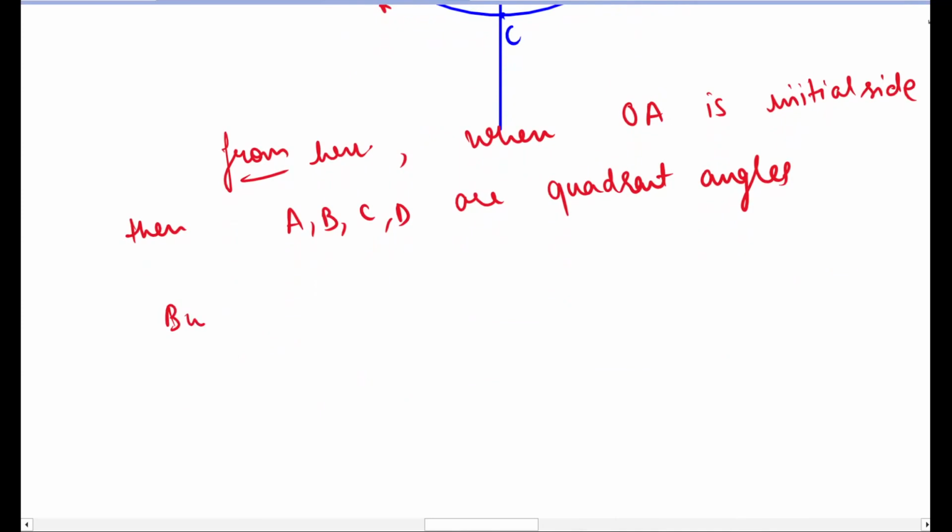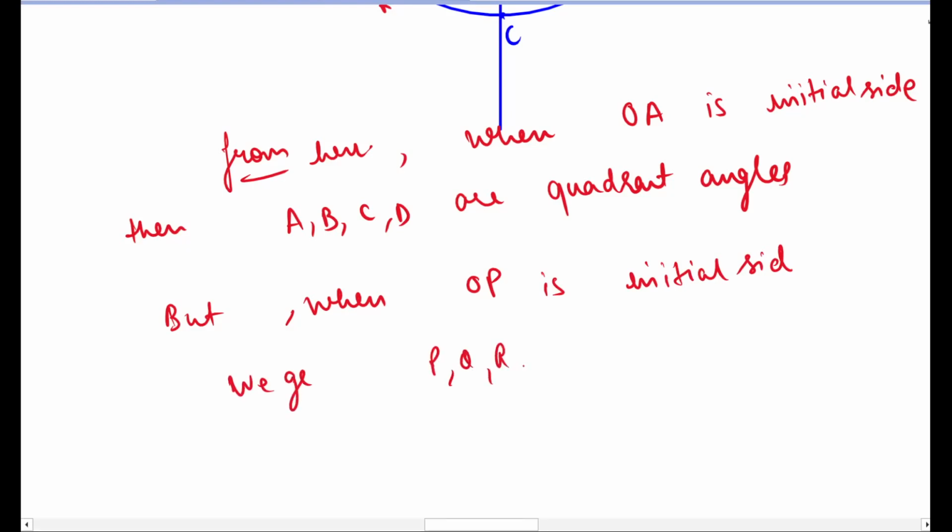But when OP is the initial side, we get different quadrant angles: P, Q, R, S.